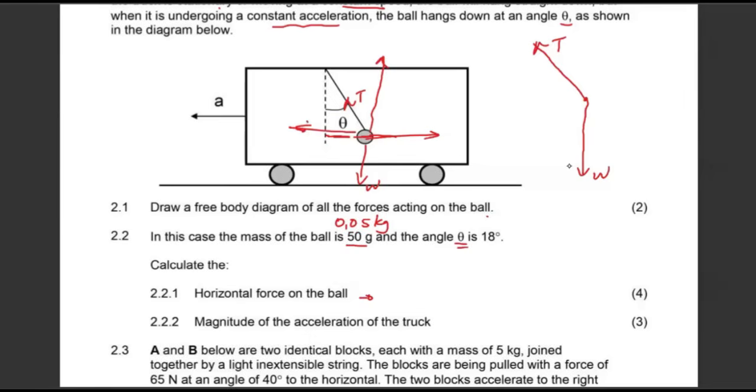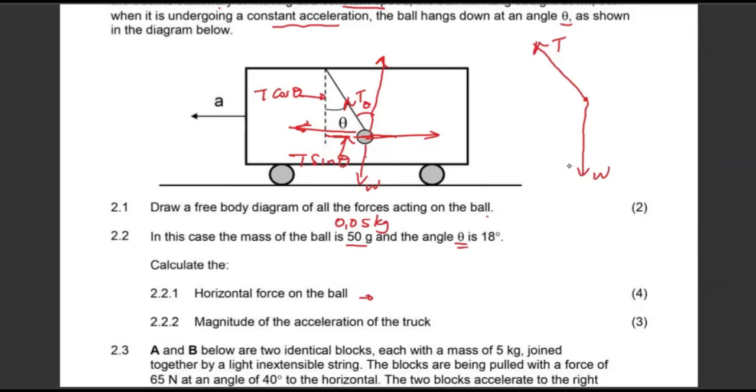So if this is a theta, even this one is going to be a theta. I don't know how you want to do it, but this one is going to be T cos of theta, and then this horizontal of mine will be T sine of theta. But now, in which direction is it acting? Is it to the left or to the right?